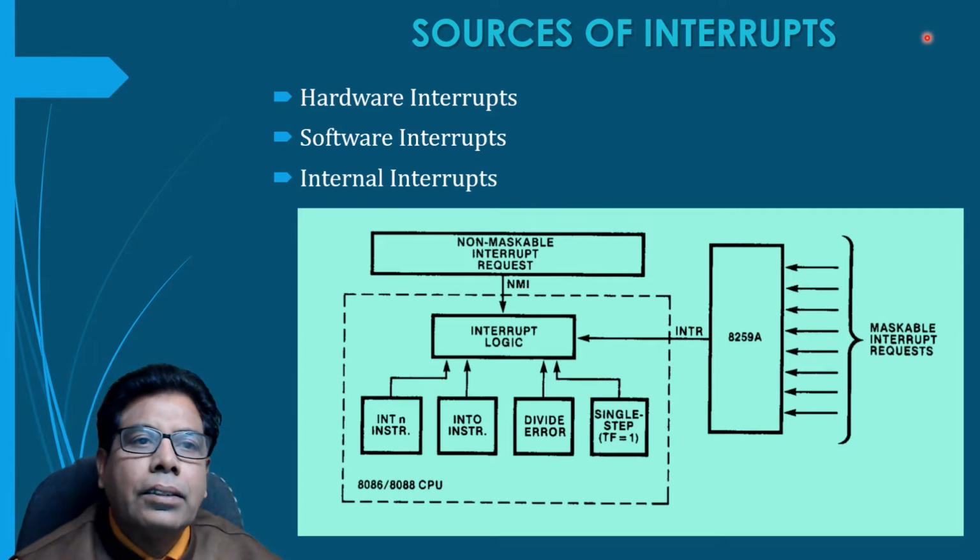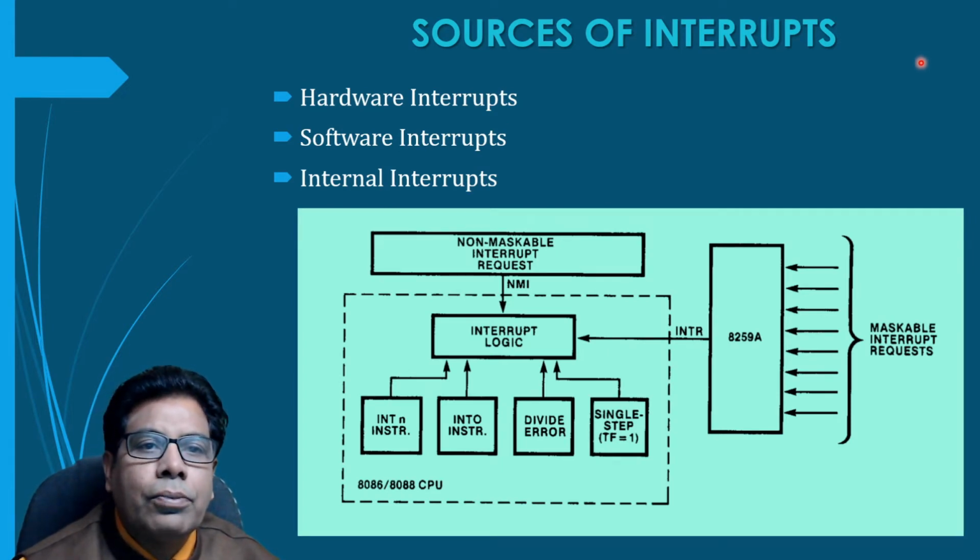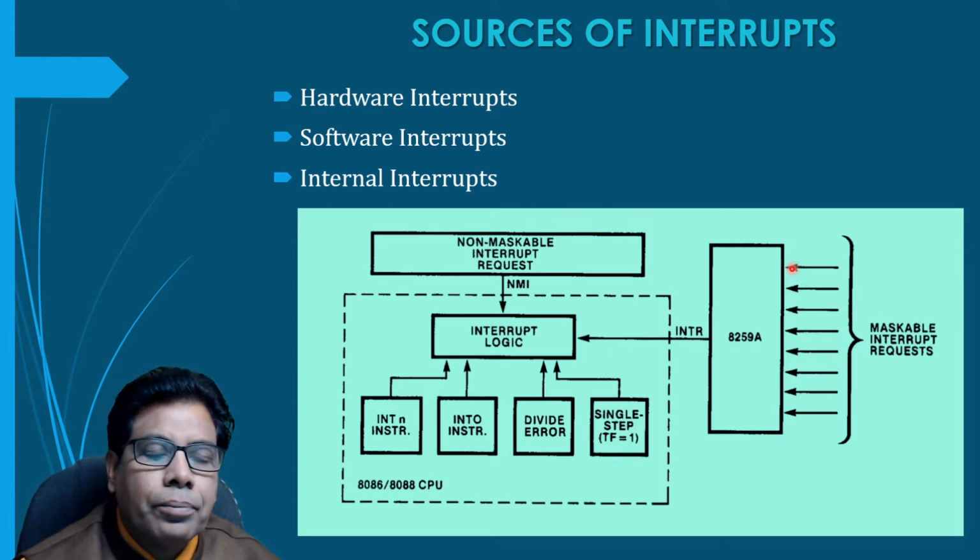Let us see the sources of interrupts with the help of a diagram. First are the hardware interrupts. We have two hardware interrupts. NMI is the non-maskable interrupt, which is an external interrupt. As you can see, this is the 8086 8088 CPU. You can see the interrupt logic and other interrupts here.